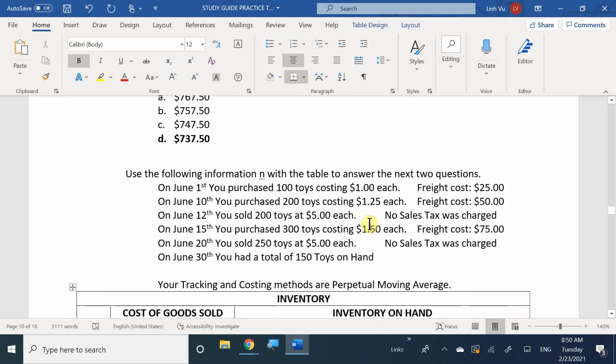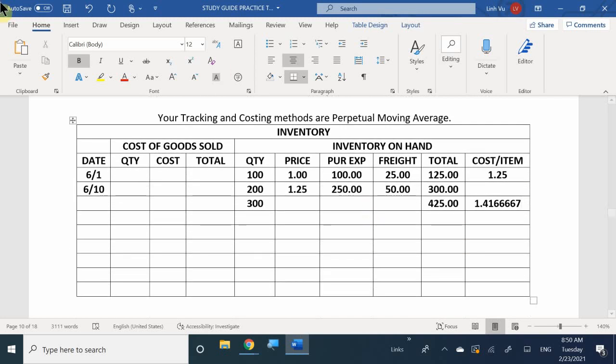So then what happened on June 12th? We sold 200 toys. So in this case, June 12th, I sold 200 toys at what cost? 1.416667. I can't fit all my sixes here, but what is going to be my total cost here?